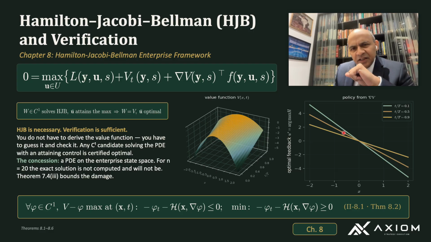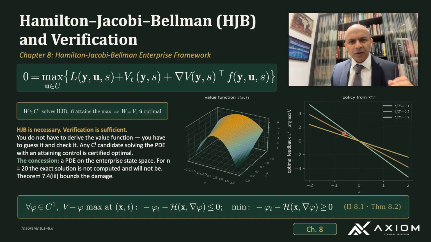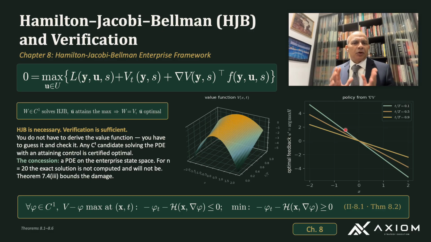The slope, gradient V, tells us the marginal value of changing the state, and the optimal control uses that information to push the enterprise in the value improving direction. Okay? The value function tells us how valuable each possible future state is, and its gradient tells management what action to take from the current state.